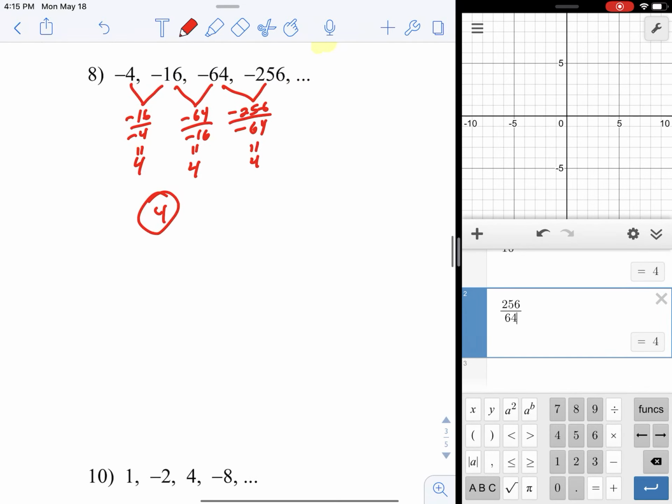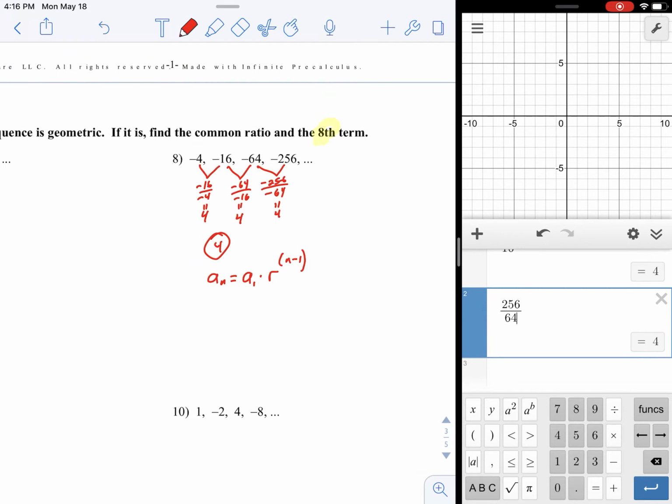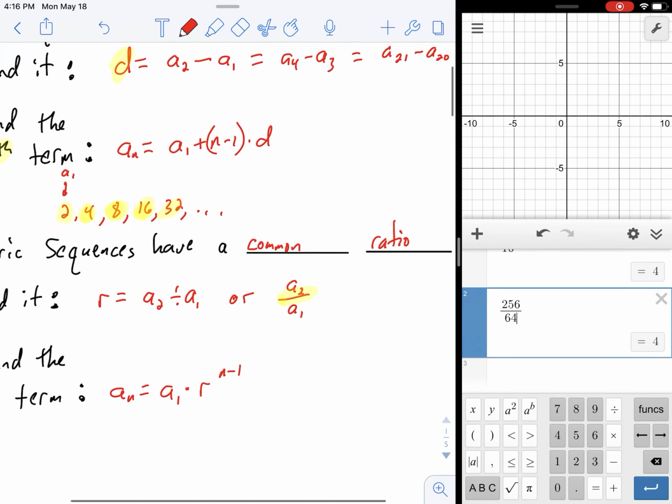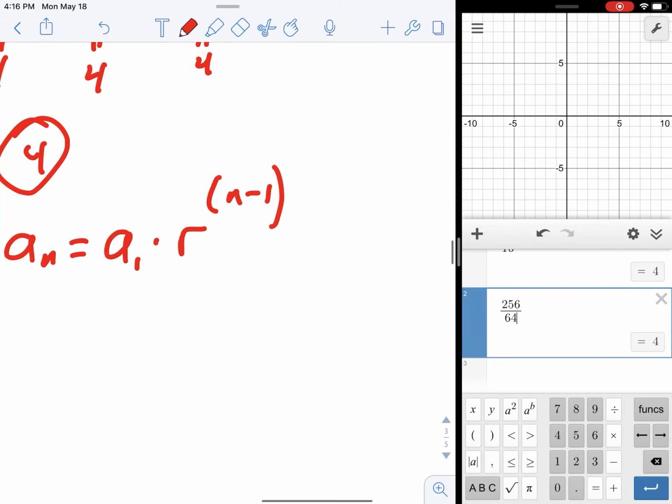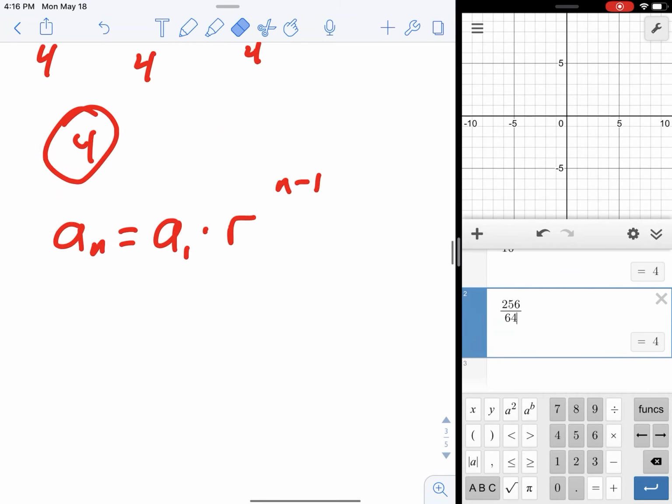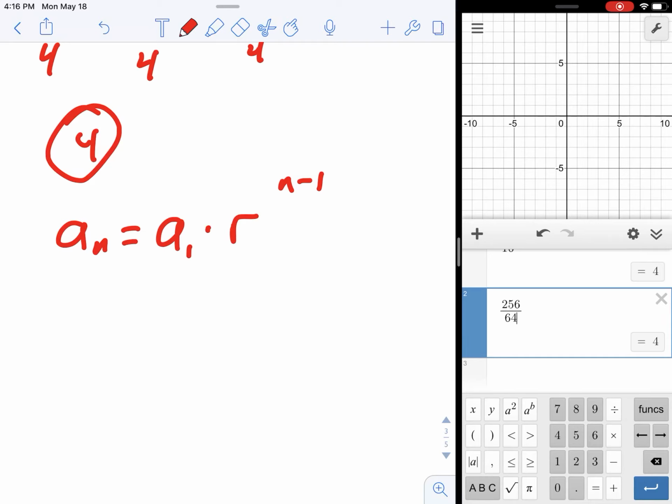So let me write the formula, see if I can do it from memory. A sub n equals a1 times r to the n minus 1 power. All right, I got to check myself. Yep, okay. I guess I don't really need those parentheses up there, but that is the formula. So we're doing a sub 8. We're finding the 8th term.